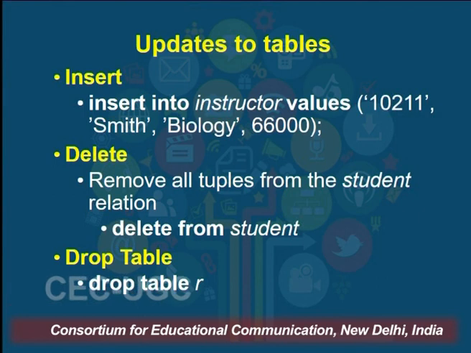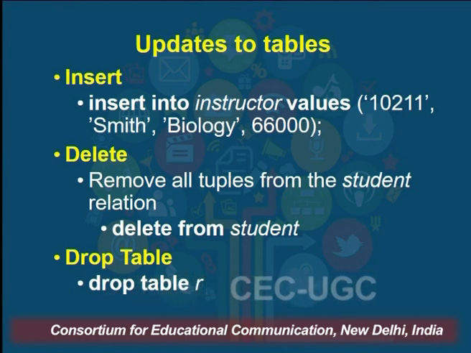So here we will be taking the insert command in order to insert one particular tuple into a relation. Insert into the name of the relation, which is instructor, then we write values, and within the brackets we insert the values appropriate for the data types, in sequence.